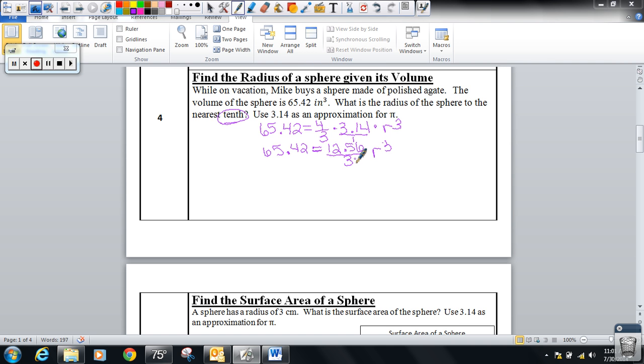Now I can simplify. So the first thing that I need to do is get rid of this fraction. So instead of dividing by 3, I need to multiply both sides by 3. So the 3's cancel out. If I multiply by 3 on that side, I have to do that on the other side as well.